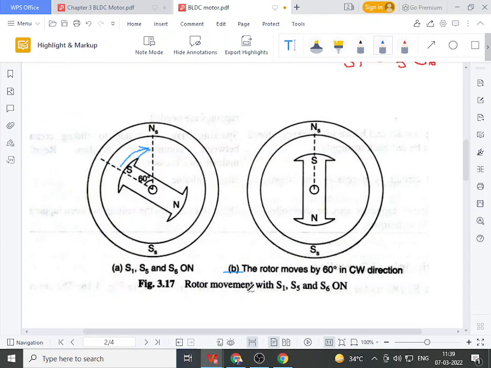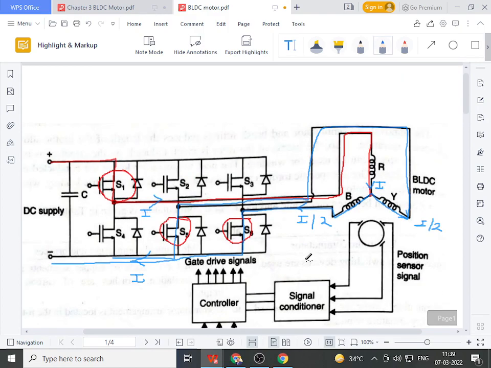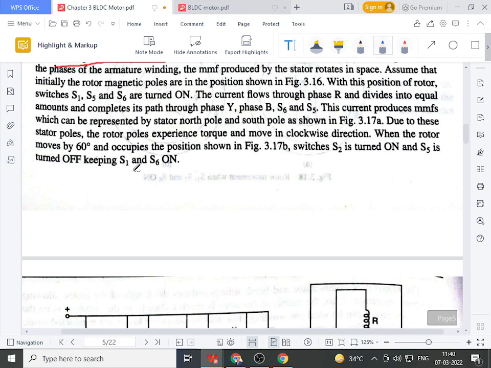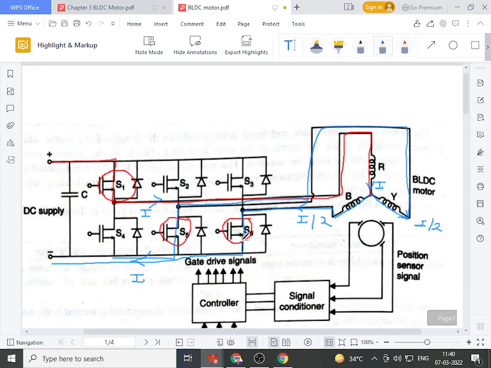So what will be the next switching sequence? Now in the second switching sequence, that means once this particular rotor moves by 60 degree and occupies the position which is shown in figure B, switch S2 will turn on and S5 will turn off.